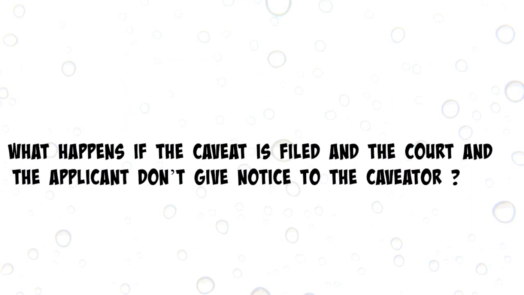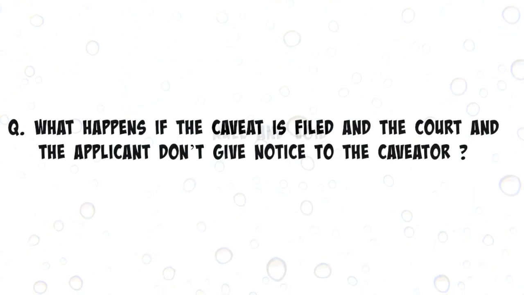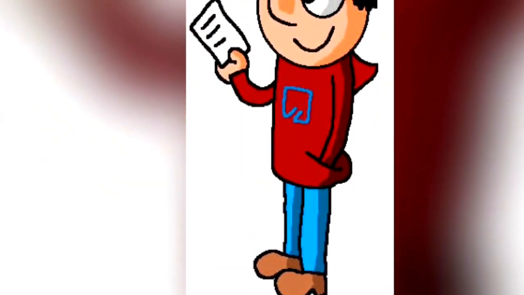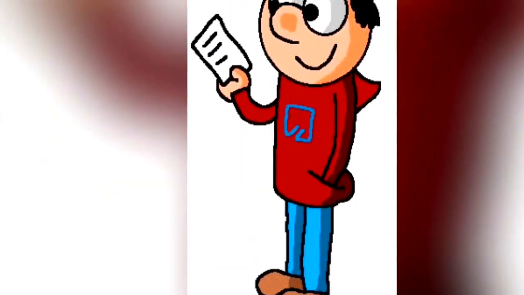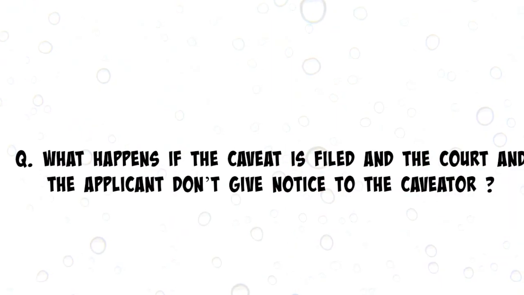But if in this 90 days no application is filed, then nobody has the duty to inform the caveator. If the application is filed after the 90 days, then no one needs to tell him. It's not their duty anymore because the caveat has expired. And if the caveator still wants to be informed, then he needs to file a fresh caveat for the next 90 days.